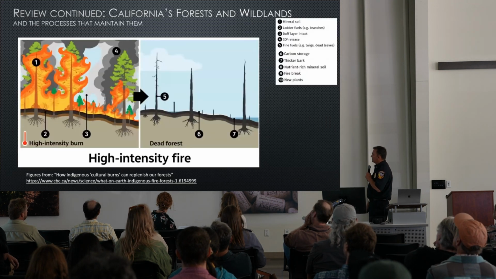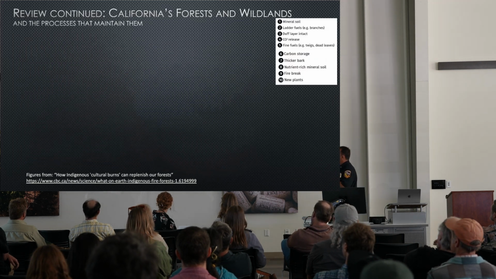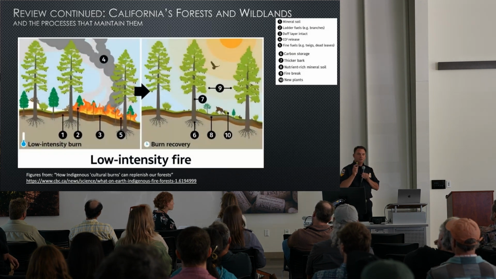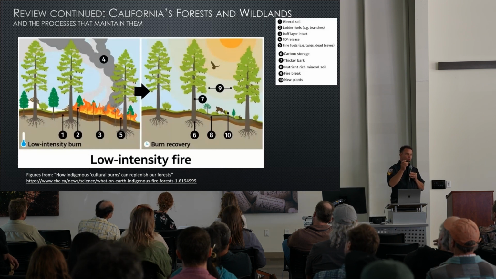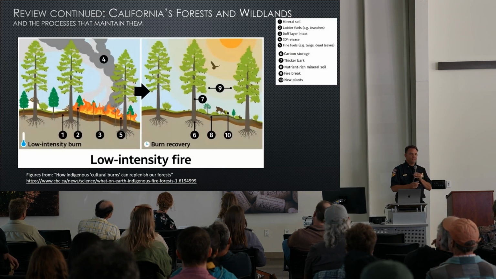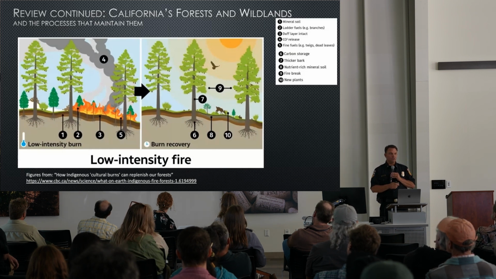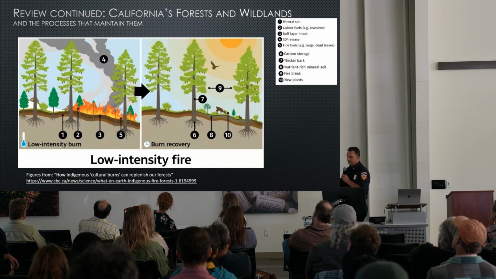And we talked about this: high fire intensity, bad, right? Low fire intensity, good, right? For most species in California, with that low fire intensity, that high fire return interval with low fire intensity, that's where we will see increase in biodiversity in California, right? Generally speaking, not only in the forested environment, but also in chaparral.